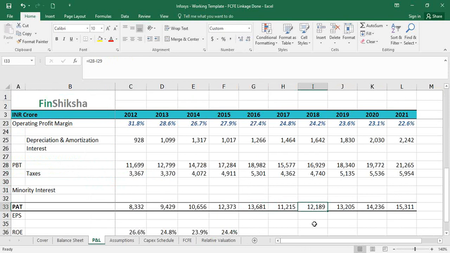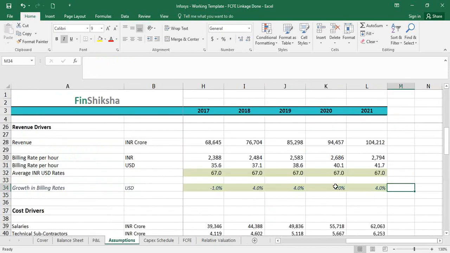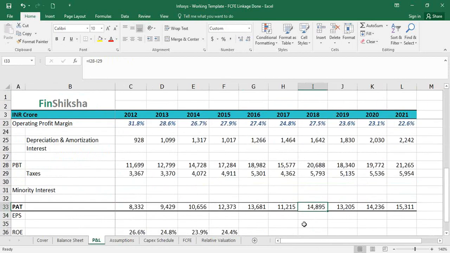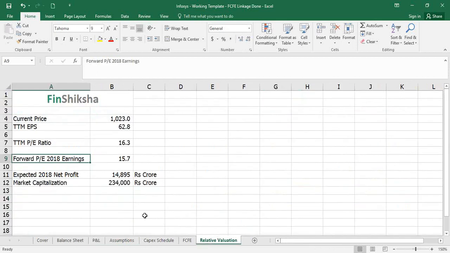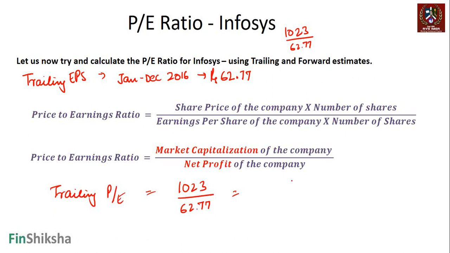If for some reason we assume that there is an increase in growth, so let's say in the assumptions we say that in 2018 the rupee dollar rate might become 71, just for argument's sake, what that would do is your PNL would show a big increase. 14,85,895 will be the profit for that year. When you go for relative valuations, if the company is growing, your forward PE ratio should be lower. Why should your forward PE ratio be lower?